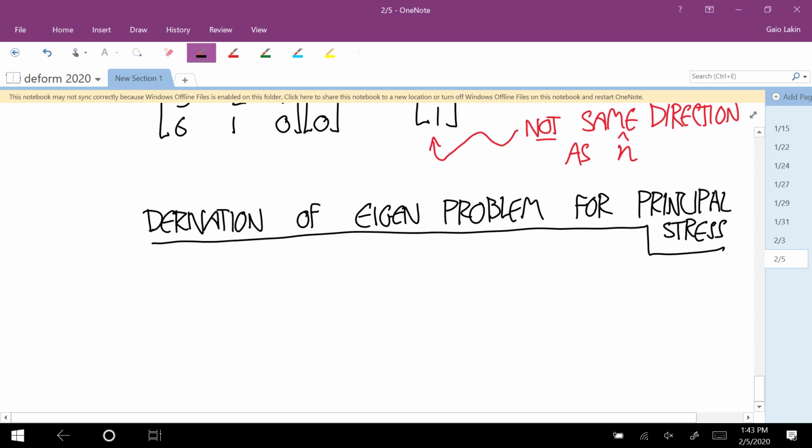So let's start with this stress tensor. I'm going to call it sigma xx, xy, xz. I'm going to take advantage of the symmetry.